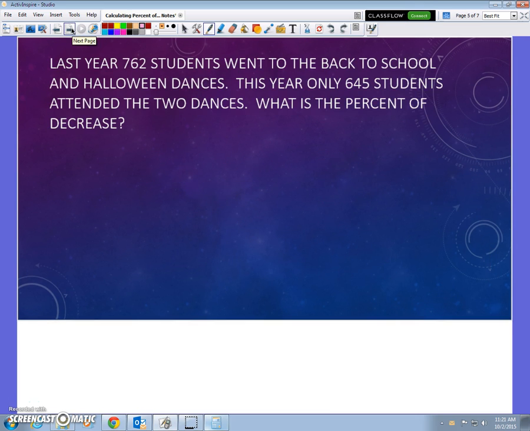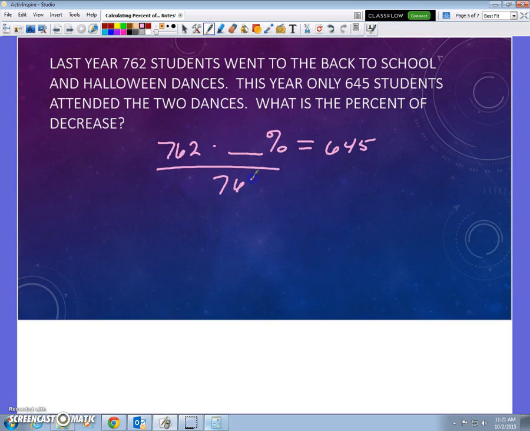All right. It says last year 762 students went to the back to school and Halloween dances. This year only 645 attended the two dances. What is the percent of decrease? Okay, so we started with 762 and we ended up with 645, and we need to know what type of percent change happened here. So like we set up the last few, I'm going to divide both by 762.